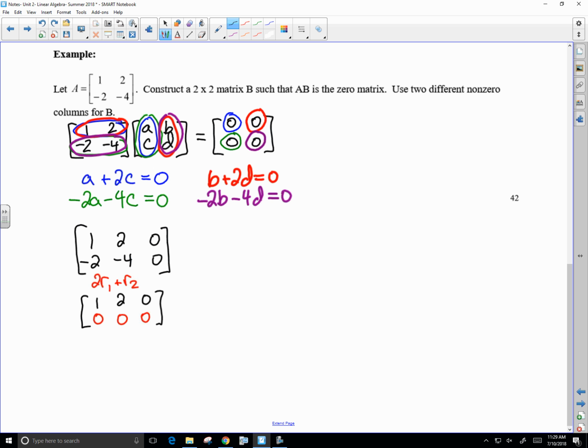We could have probably recognized this because the second equation is a scalar multiple of the first equation, so it's probably going to boil out that way. But we end up with a zero row. So this tells us that really it's just the relation that A plus 2C equals 0.